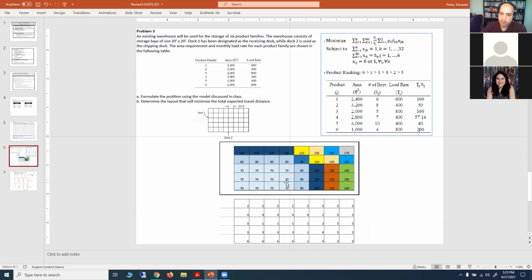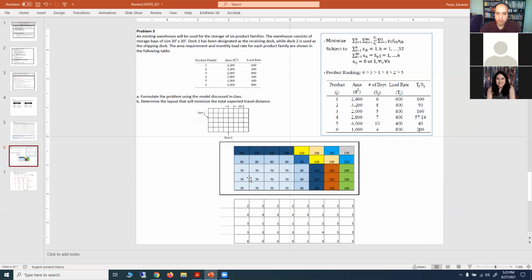What this represents from a practical perspective is that the idea in this problem is to identify those products that are moving the most, those that have the highest demand. You want to place those products in the cells located closer to the doors, because those are going to be moving quicker.